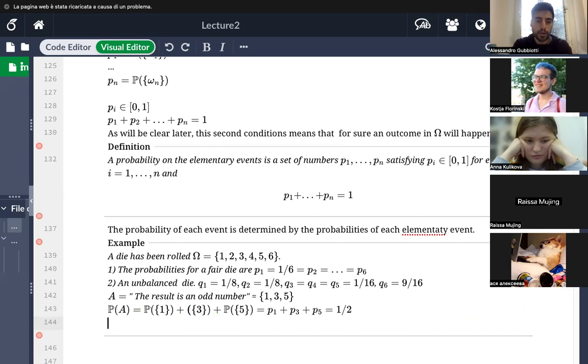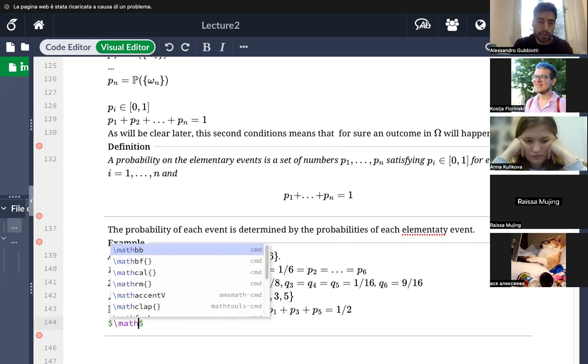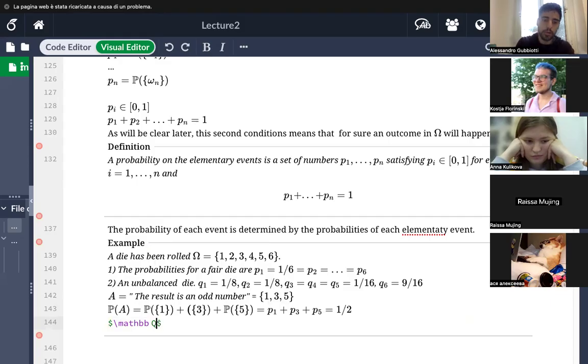For the other one it is the same. The procedure is the same, but now the numbers are different.